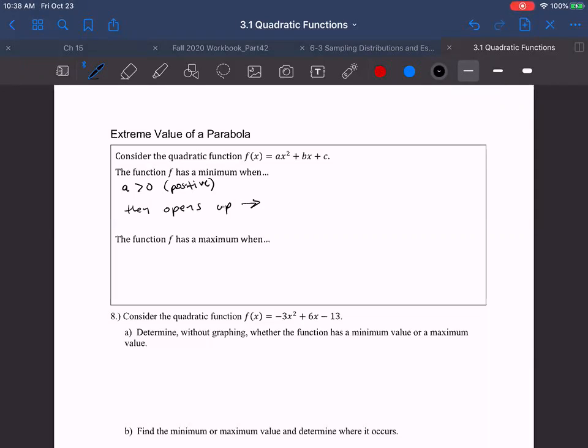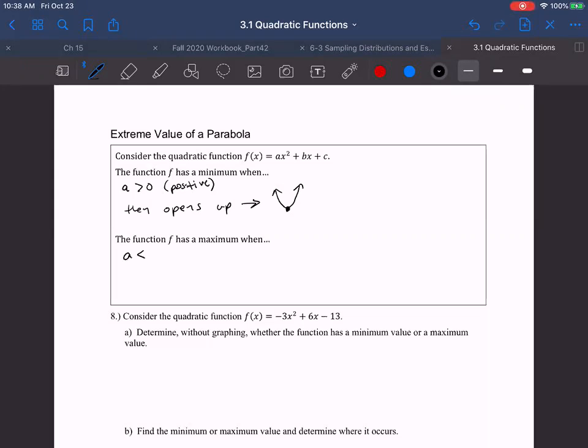And when it opens up, that means it looks like this, right? Wherever this lowest vertex point is, that's going to be a minimum. It's the lowest that we ever get. And so whenever it opens up, or whenever A is positive, we have a minimum value on our function.